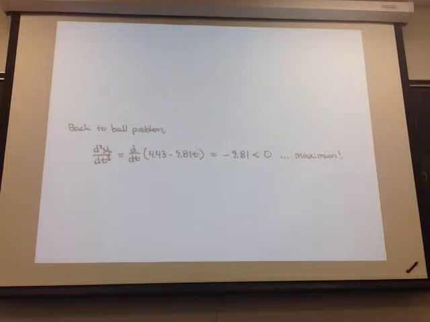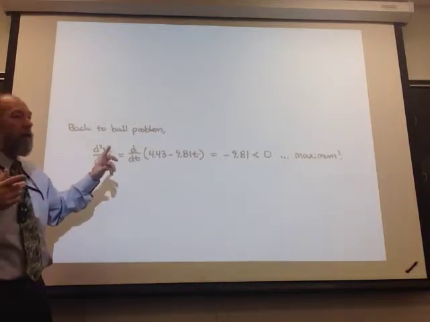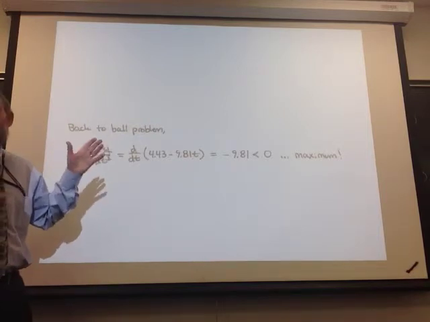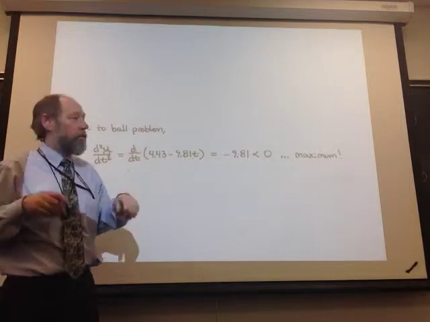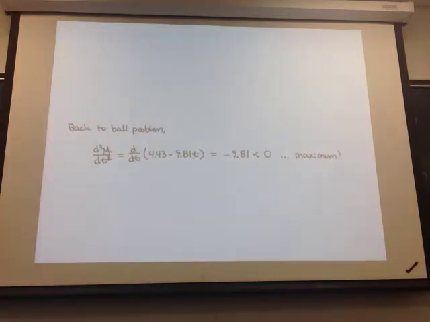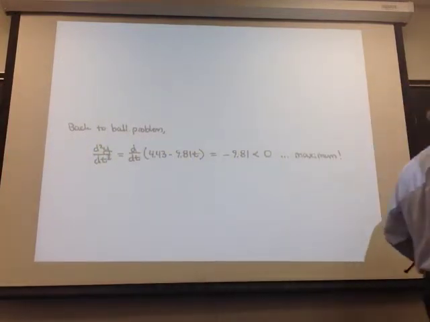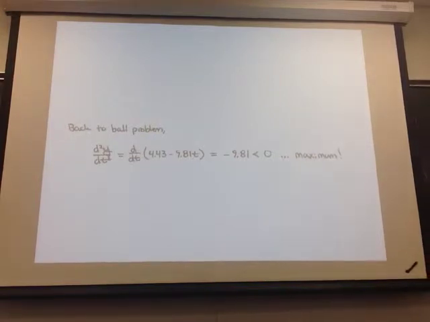Yes? So the derivative of our equation for y was 4.43 minus 9.81t, right? Because our original equation, you come over here, the original equation was y is equal to 4.43t minus 4.409t squared.